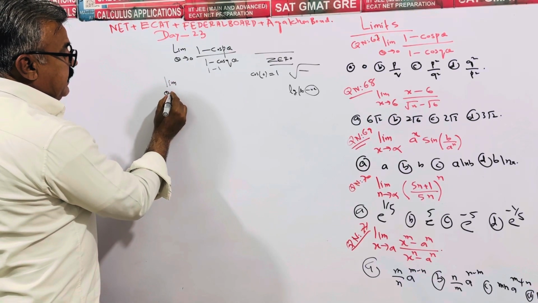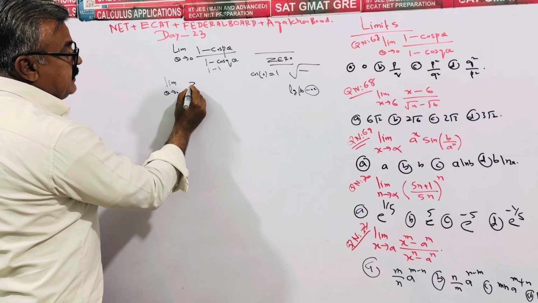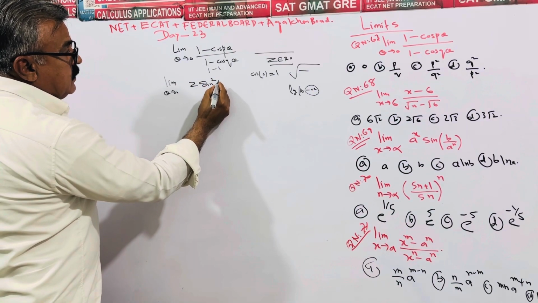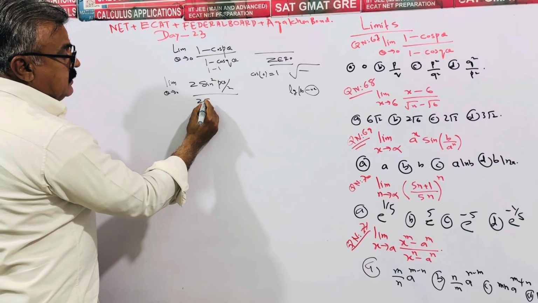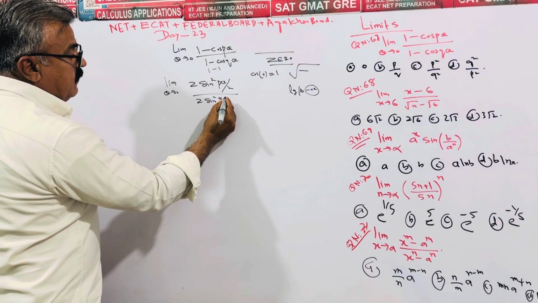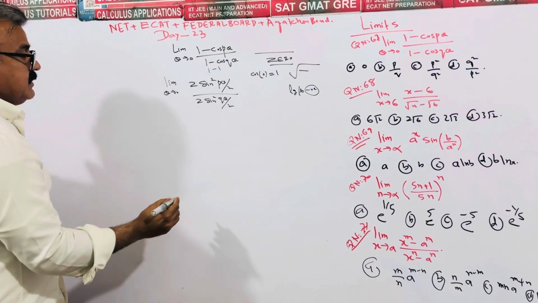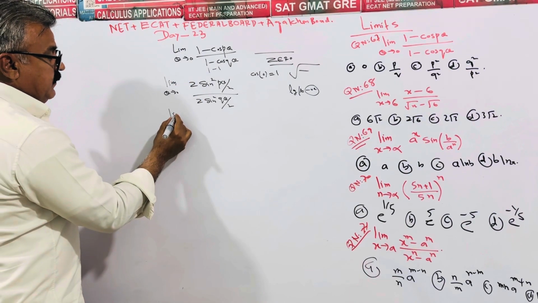Just apply a tiny identity. 1 minus cos of an angle is equal to, in half angle, 2 sine square half of the angle. And similarly for the denominator, 1 minus cos is 2 sine square half of the angle. The 2 cancels out.